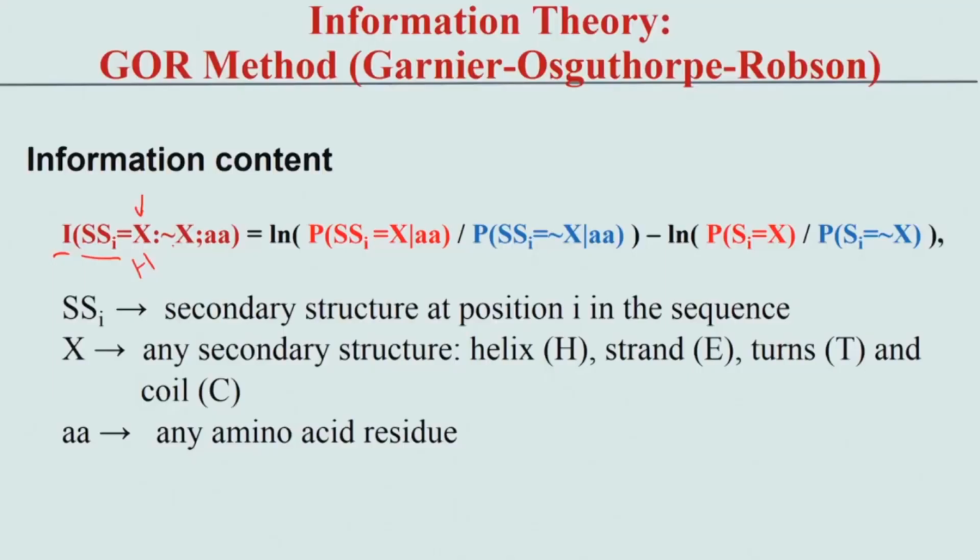This is the negation: the residues which are not in the particular secondary structure. So, how to get this information? They use this particular formula: the logarithm of the probability of a particular residue to be in helix, and the probability of the residue which is not in helix, minus, because this is considered only for that particular residue.